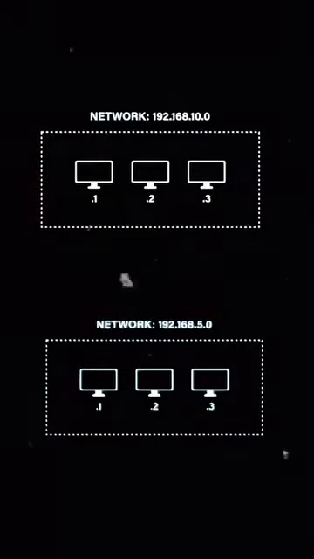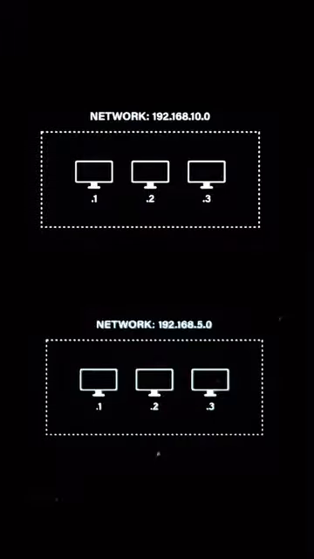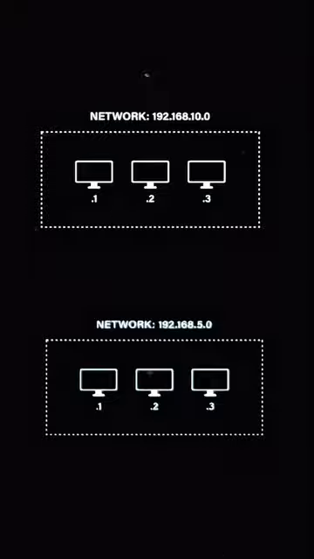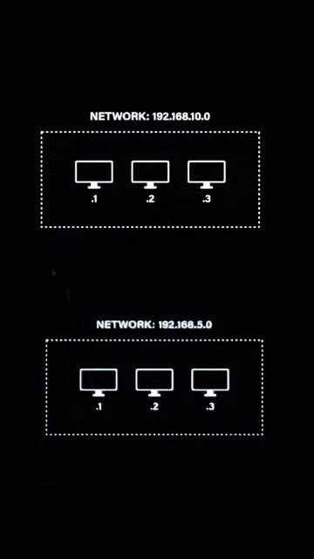Here we have 2 networks, 192.168.5.0 and 192.168.10.0, both with a subnet mask of 255.255.255.0. When talking about networks as a whole, you often just use 0 for the host section.